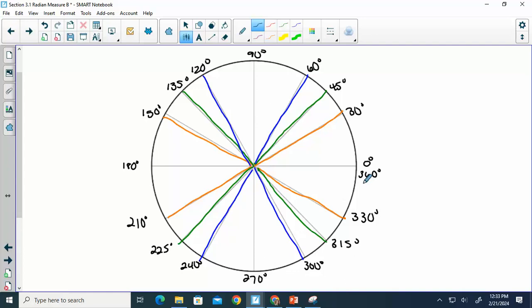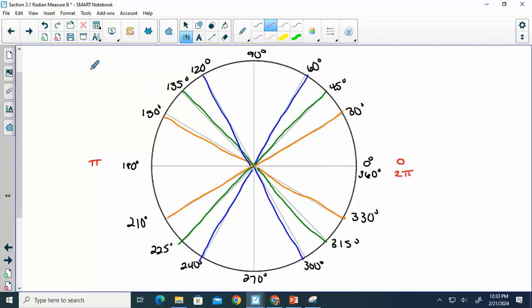All right, then when we added in our radians, we had different ways of converting. We know that 180 degrees is equal to pi radians. So this is 1 pi. So this would be 0 radians or 2 pi.